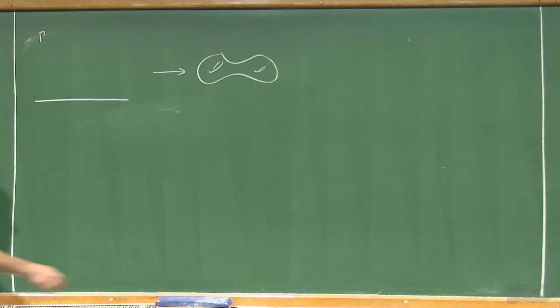When you look at the dimension of this space, of your character variety, mod conjugation, the dimension of this space is 6G minus 6. On one hand, the dimension of your Teichmüller space is 3G minus 3.